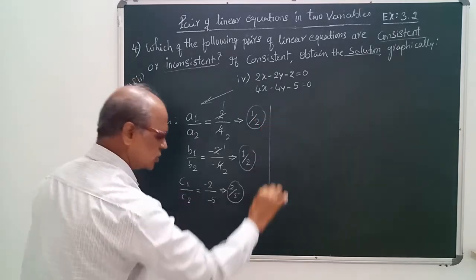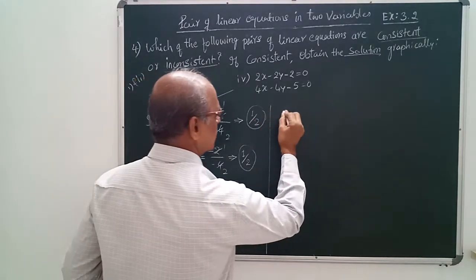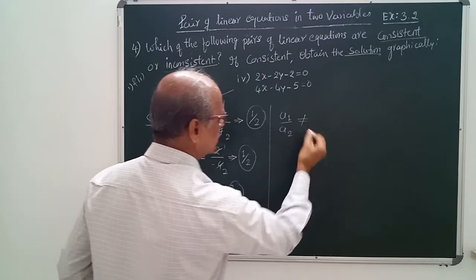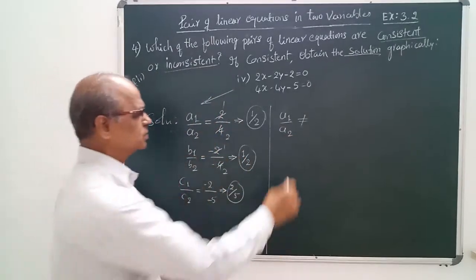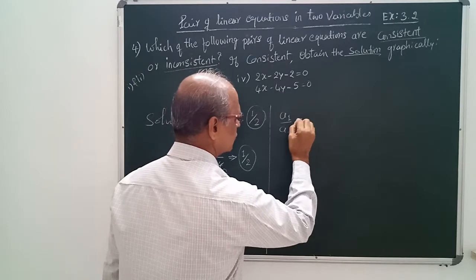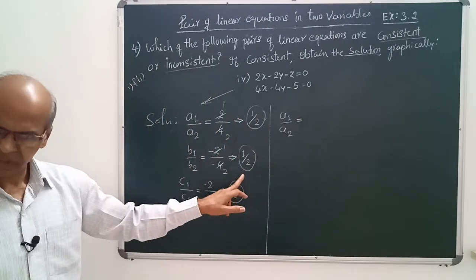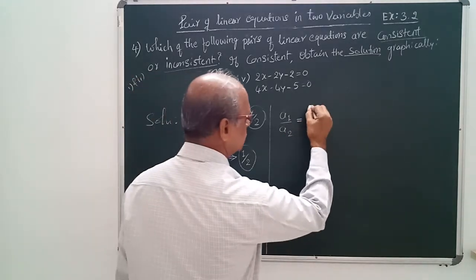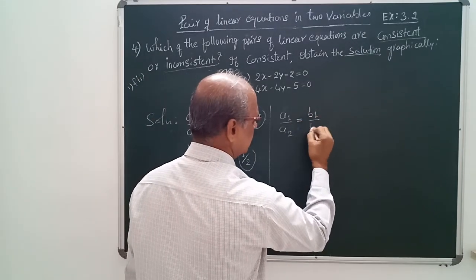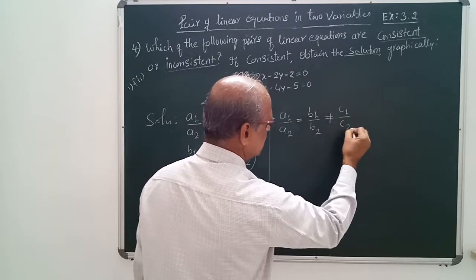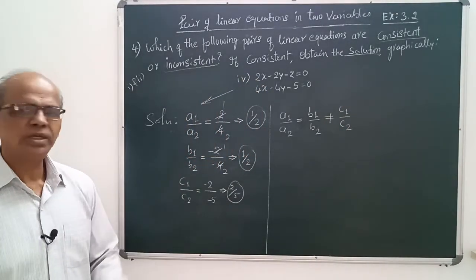Right? So see the equation here. A1 by A2 is half, B1 by B2 is again half. That means A1 by A2 is equal to B1 by B2, which is not equal to C1 by C2. See here, the C1 by C2 value is different.